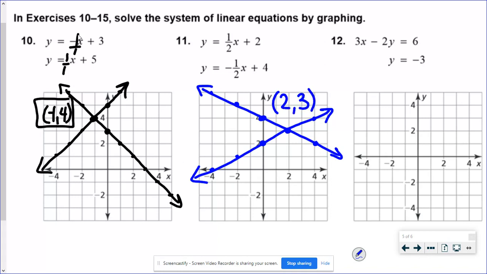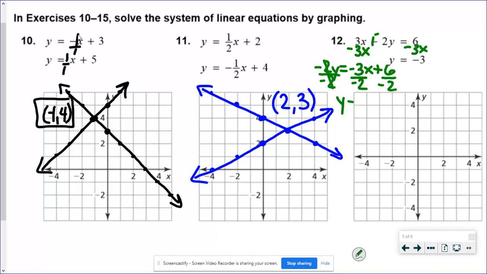And for number 12, I do need to show some work to get the y by itself. In that first equation, that's where there's really more work to do, I guess. Let's get rid of the 3x. So I would have -2y equals -3x plus 6, and then divide, divide, divide.